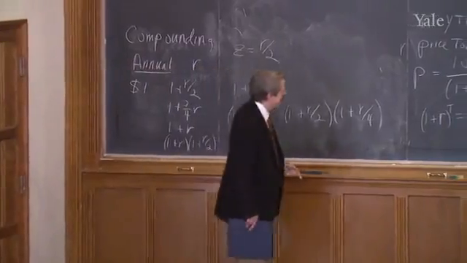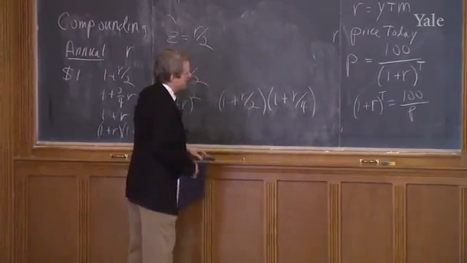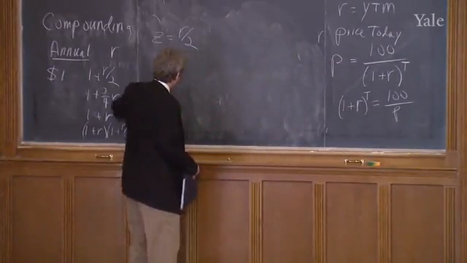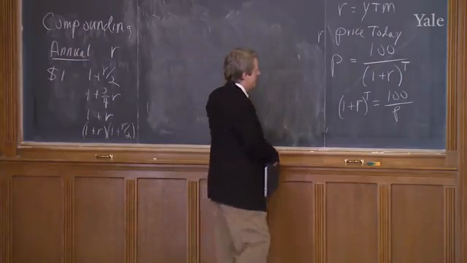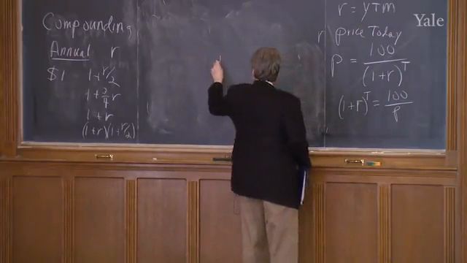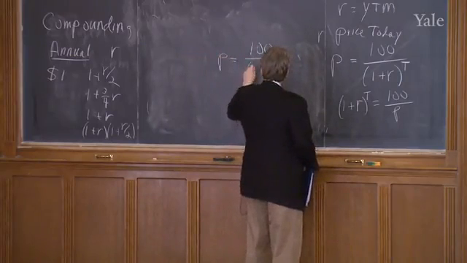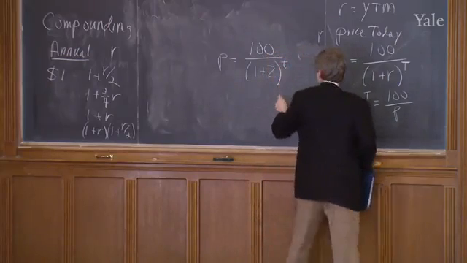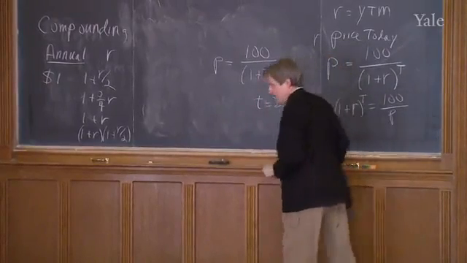So the formula that Fabozzi gives for a discount bond, since it assumes a different compounding interval, is P equals 100 all over 1 plus Z to the lowercase t, where lowercase t is 2T.